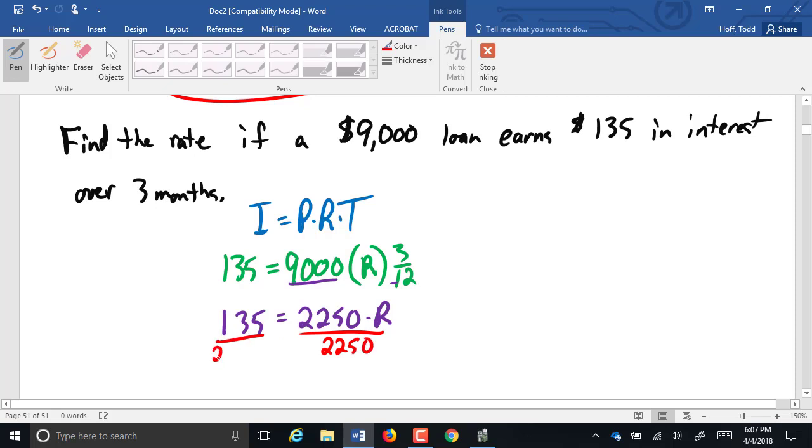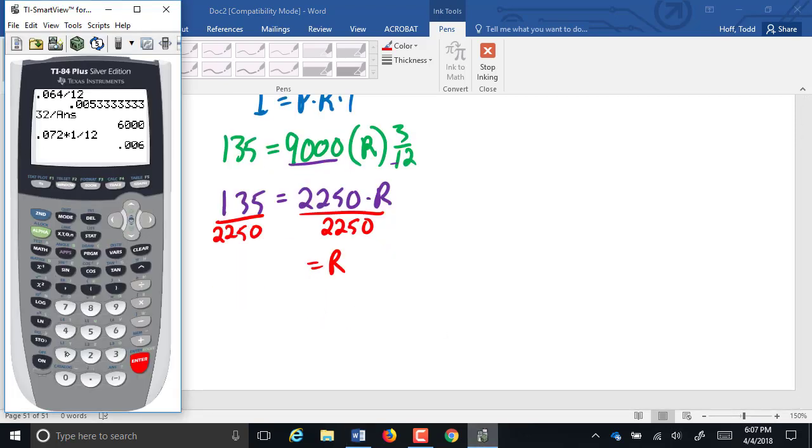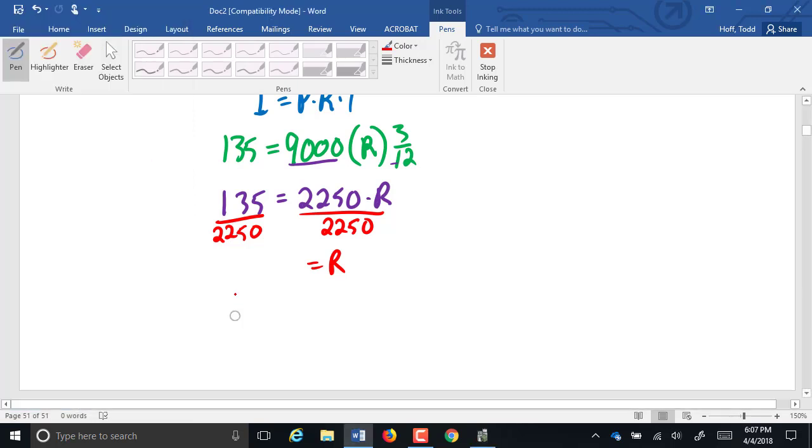Divide by the 2,250. R is 0.06, which is 6% interest. How many of you had that? How many of you would have been there in a couple minutes?